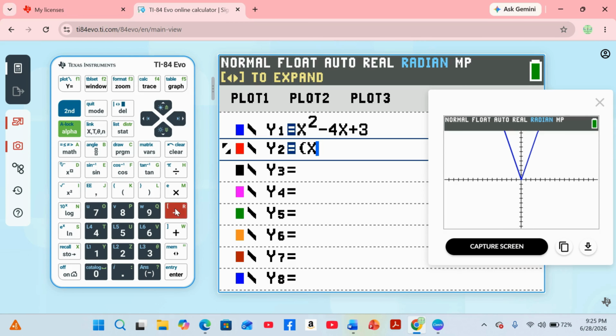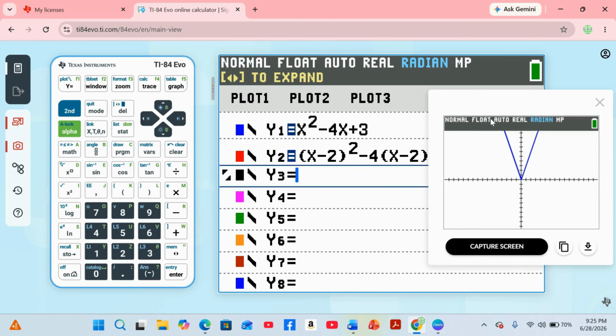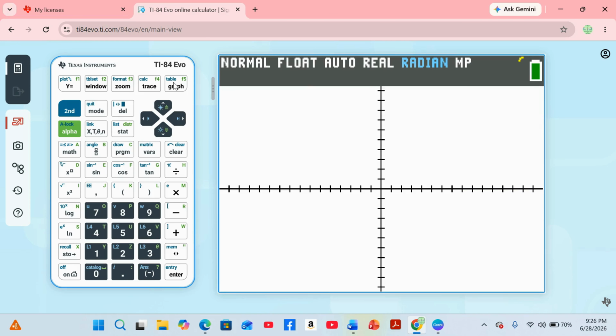So x minus 2, squared, minus 4 times x minus 2, plus 3. So x minus 2 squared, minus 4 times x minus 2, plus 3, and graph.